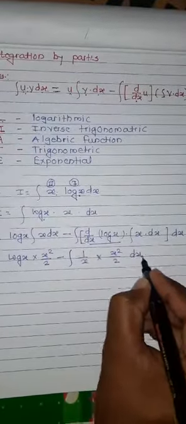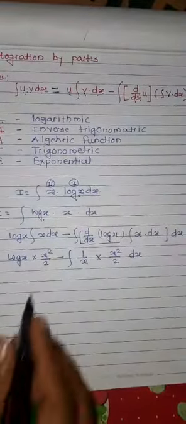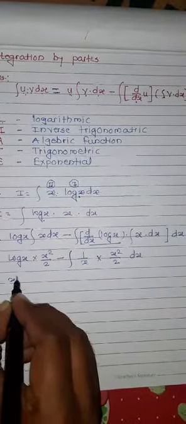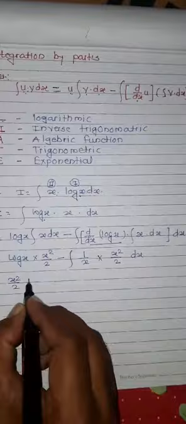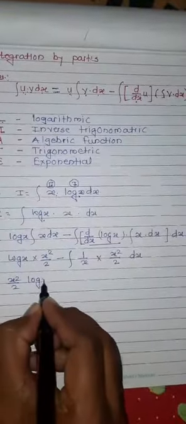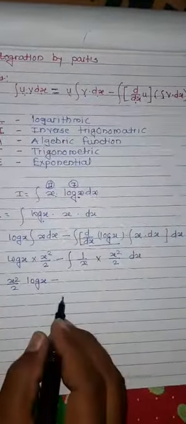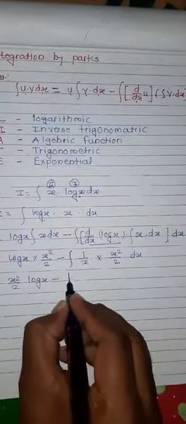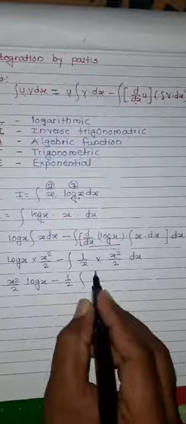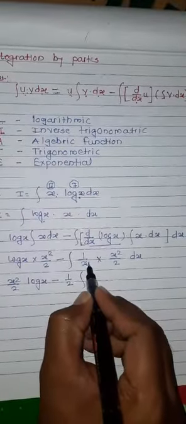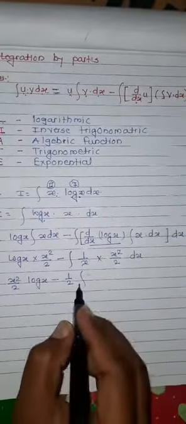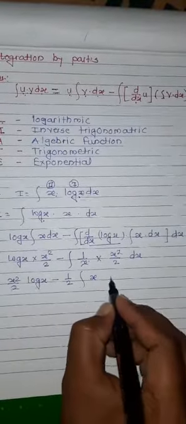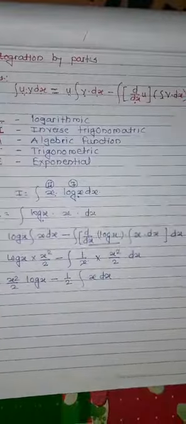I take this to this side: x square divided by 2 into log of x minus, again 1/2 taken outside, the remaining x gets cancelled with this x, and the remaining is only x into dx, isn't it?